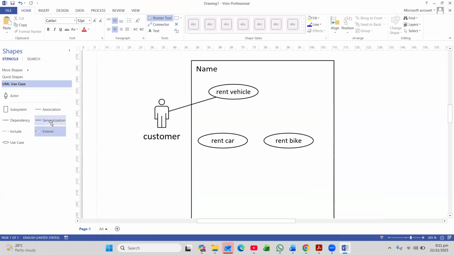Now, all of these relationships are children of this guy.